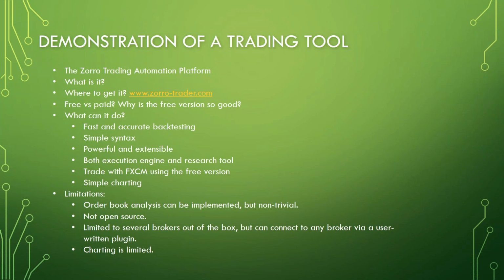But there's a downside to this business model of theirs, which is admittedly a little bit quirky. And that downside is that the documentation for Zorro is really not great for beginners. It's basically a technical reference document. It's short and to the point, which is perfect for people who are experienced programmers and automated traders.